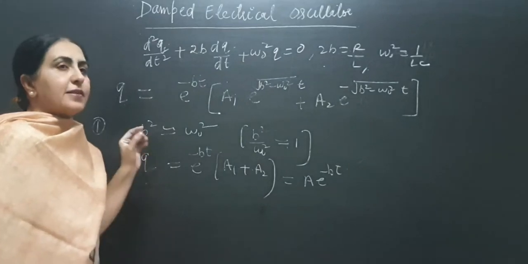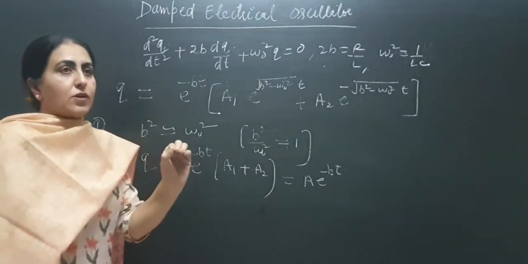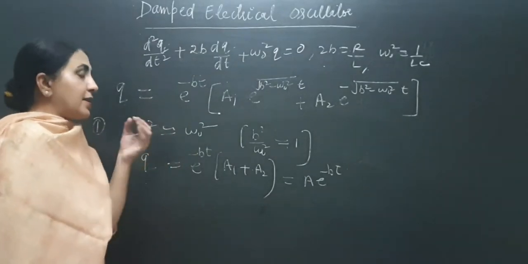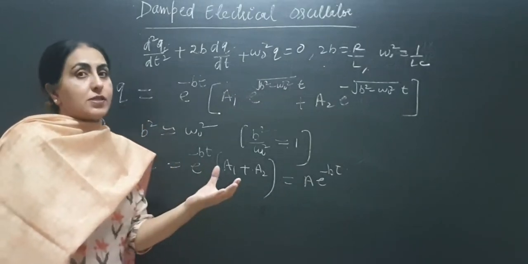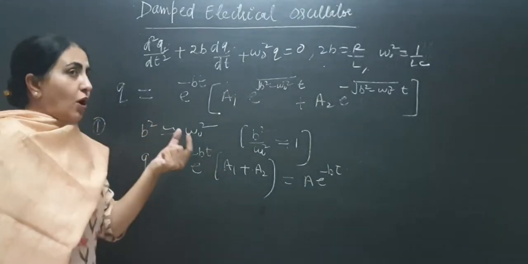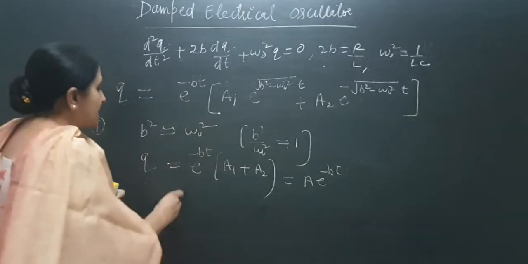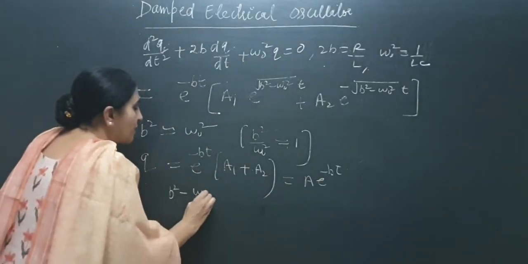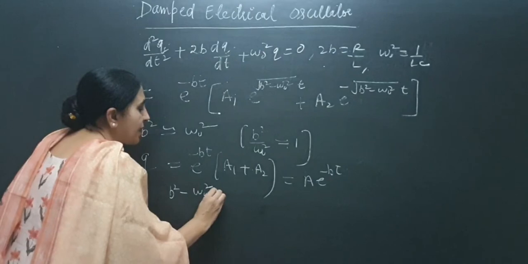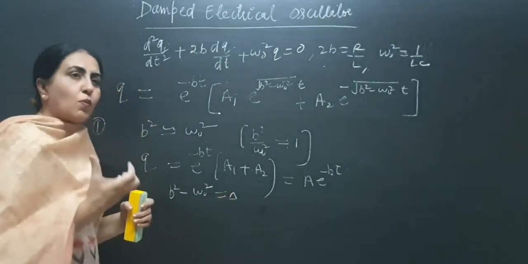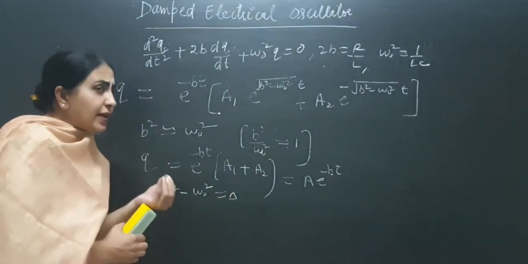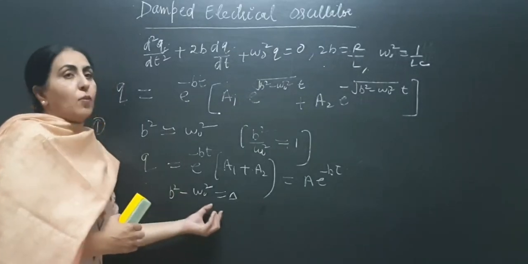It is slightly, a little bit more than omega naught square. If b square is slightly more than omega naught square, then we can take the small difference as delta. So b square minus omega naught square is approximately equal to delta. Delta is a small change, meaning b square is slightly greater than omega naught square.